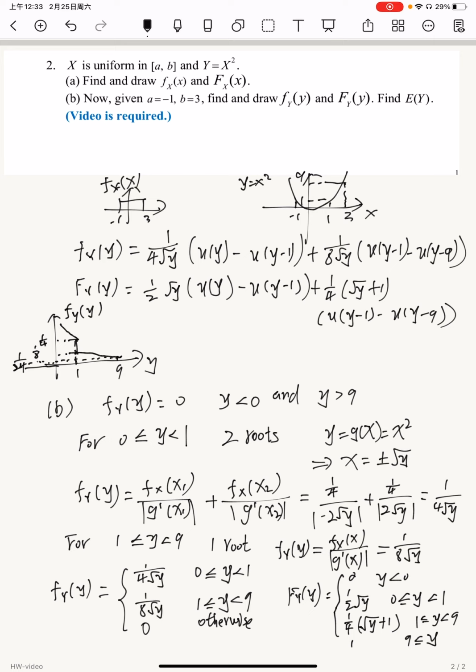And the capital F_Y is like this: the axis is y, and it is F_Y.